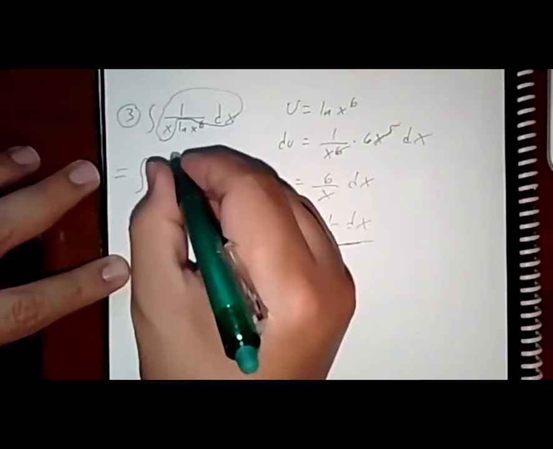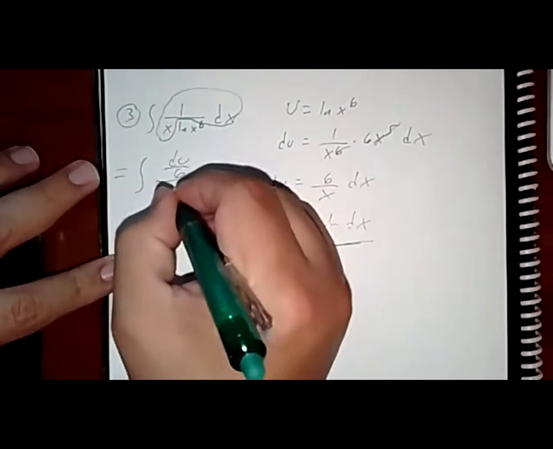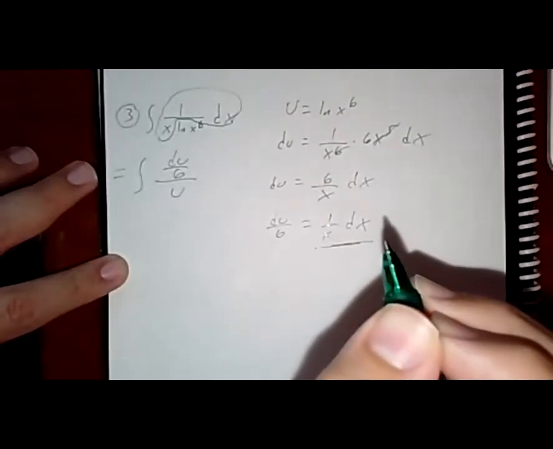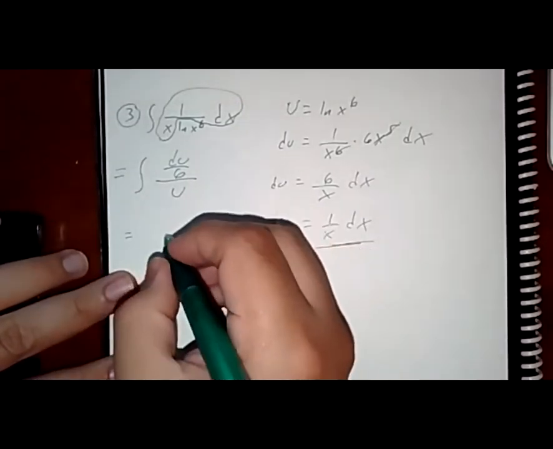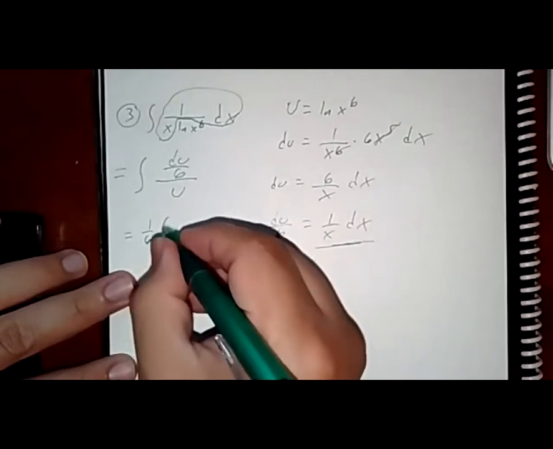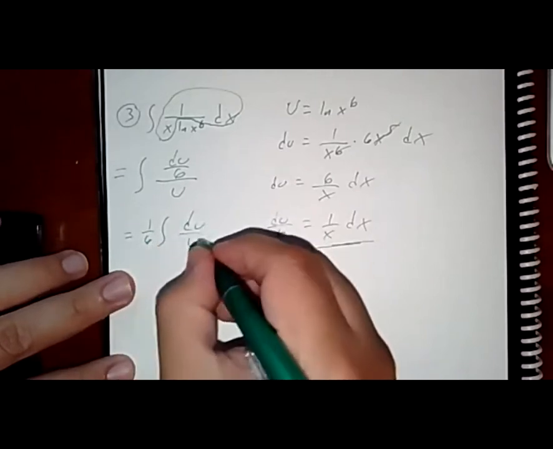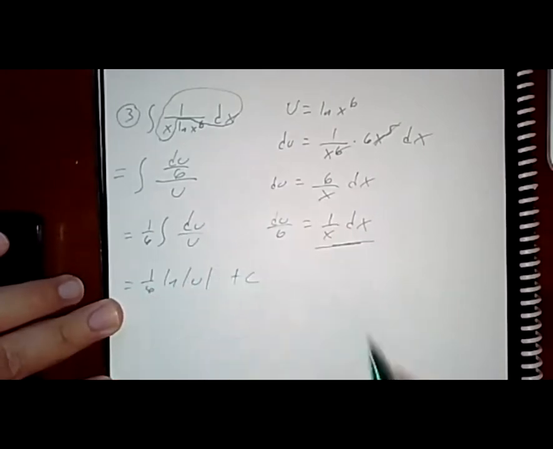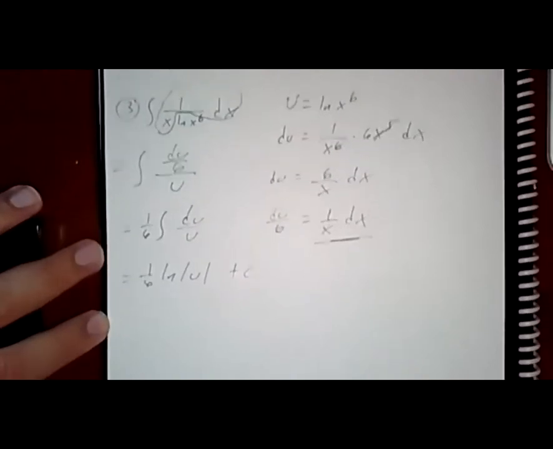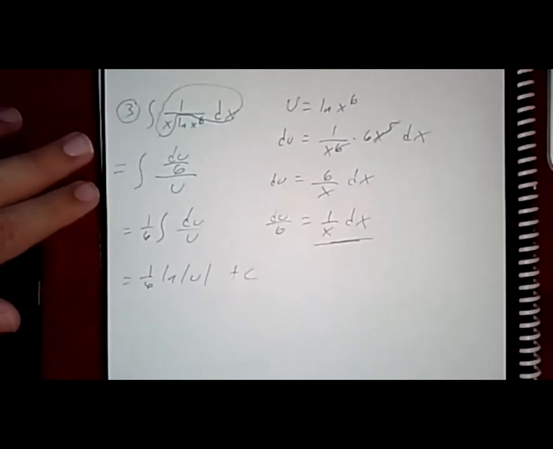Okay, so then we're going to have an integral of du over 6 over u, which is 1/6 integral of du over u, which will be 1/6 ln u plus c. Any steps that are weird? Still with me?